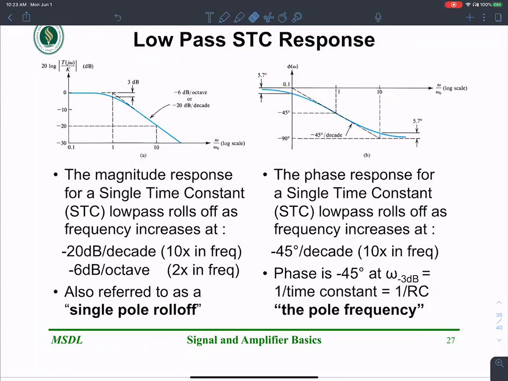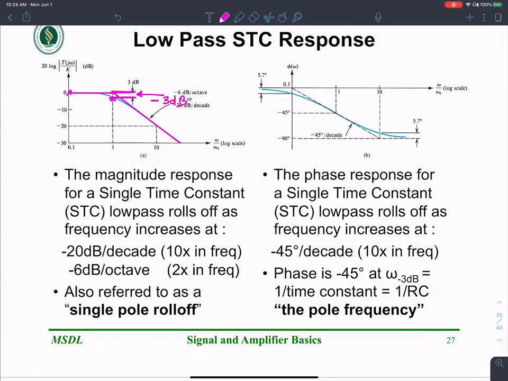Even so, the approximation I made here was that the gain begins to fall at the pole frequency. But as a matter of fact, the magnitude of the gain begins to fall a little before the pole frequency. And at exactly the pole frequency, the gain will have reduced by 3 dB.